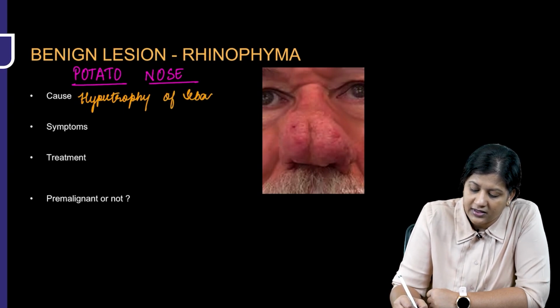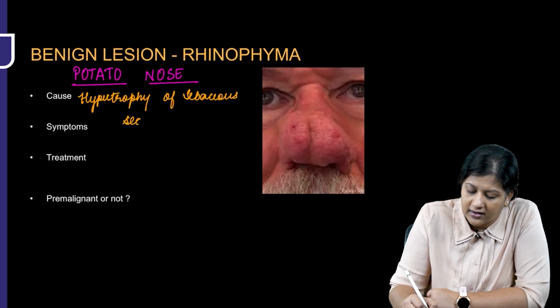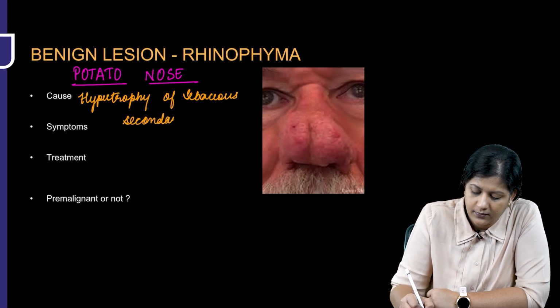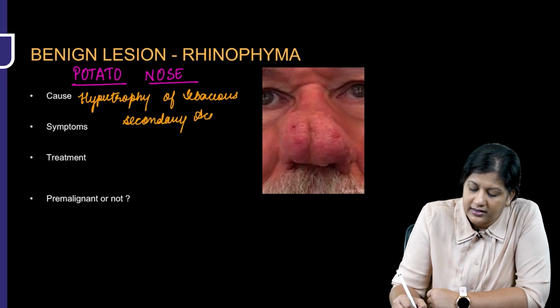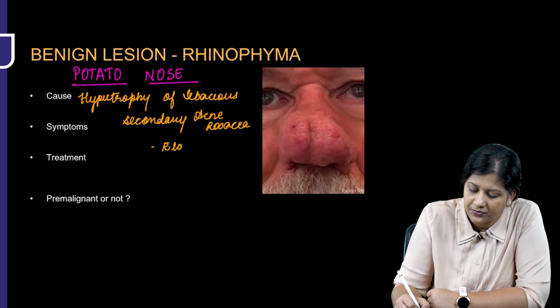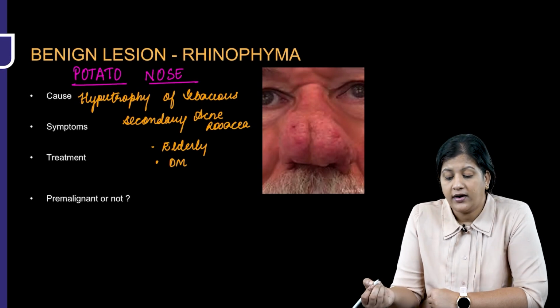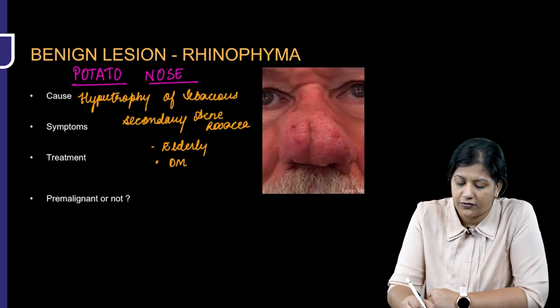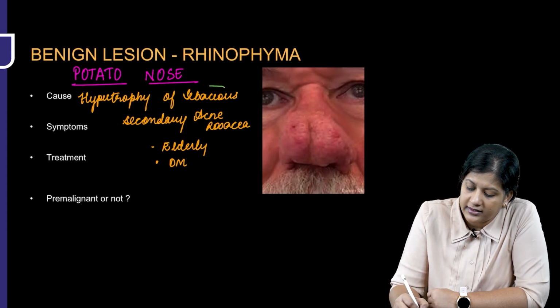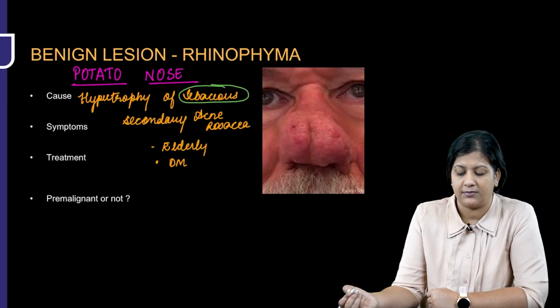And this is happening secondary to acne rosacea. This is seen not just following acne rosacea, it is also seen in elderly patients and in diabetics. Very importantly, there is hypertrophy of the sebaceous glands.